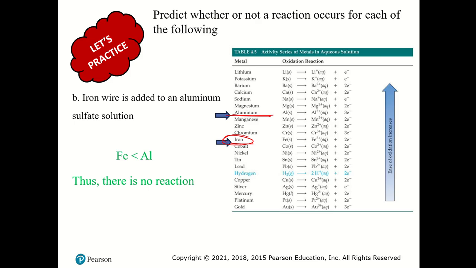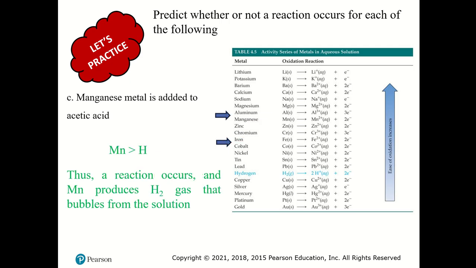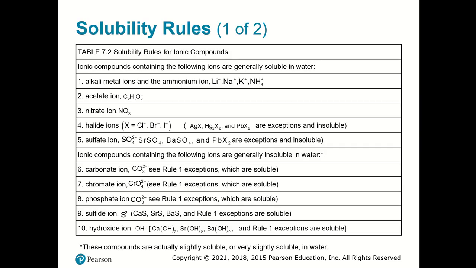So aluminum has more activity, and iron will not be strong enough to replace the aluminum, so there will be no reaction, so NR. Manganese metal is added to acetic acid. Manganese is here and hydrogen is over here. So manganese is stronger and will replace hydrogen, producing hydrogen gas.